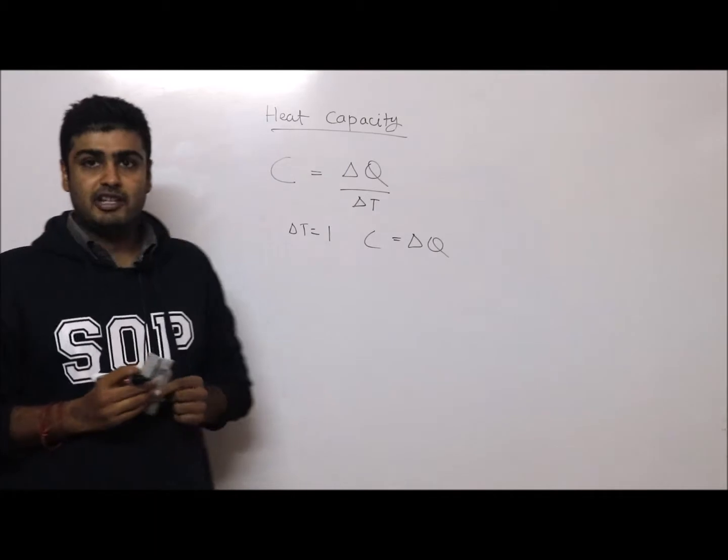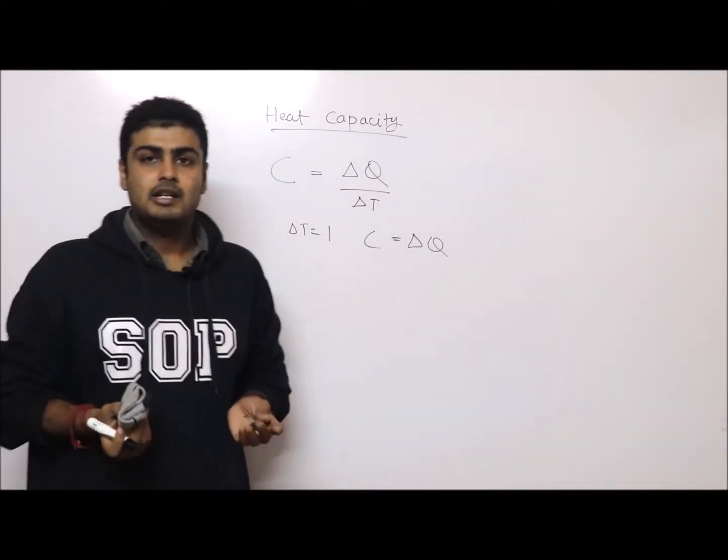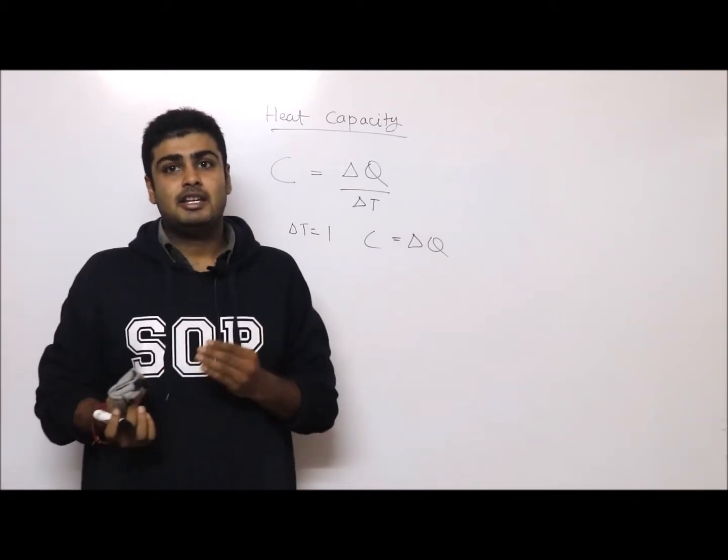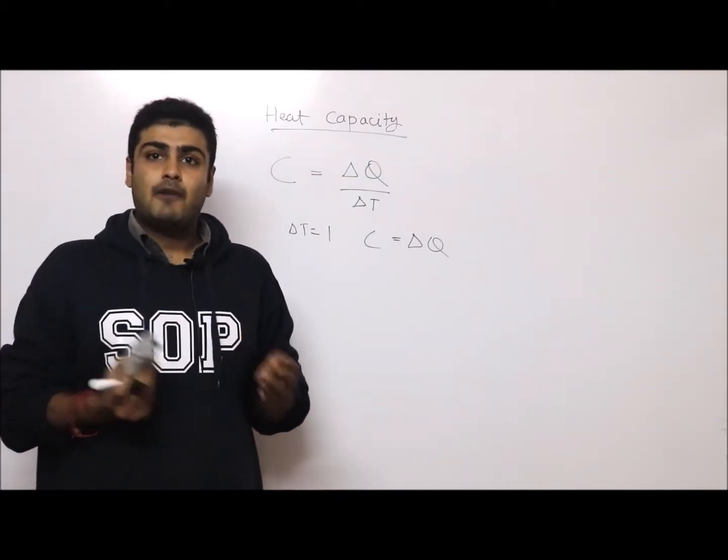So you got the definition. Now we have some other definitions, that is molar heat capacity. Molar heat capacity is the amount of heat given to raise the temperature of 1 mole of substance by 1 degree Celsius.